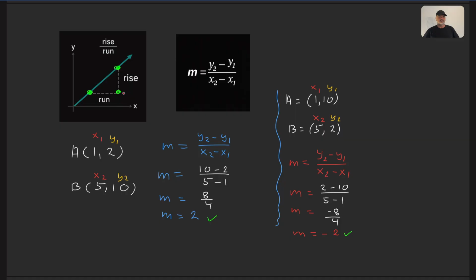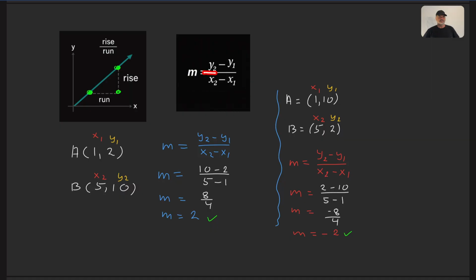The rise or the fall, if you will, depending on the direction of the line, it is from the first point to the second point, but the difference is second minus first. Second minus first for the run as well. So this is the formula. This is the formula that is used to define the ratio, rise over run.